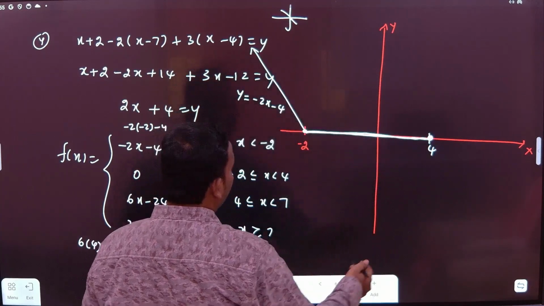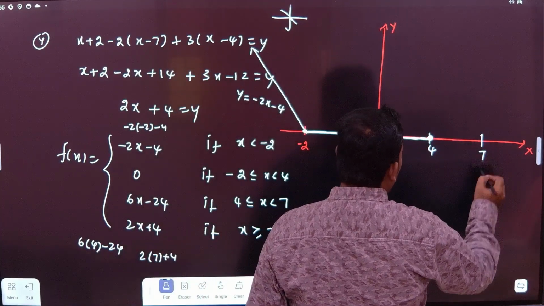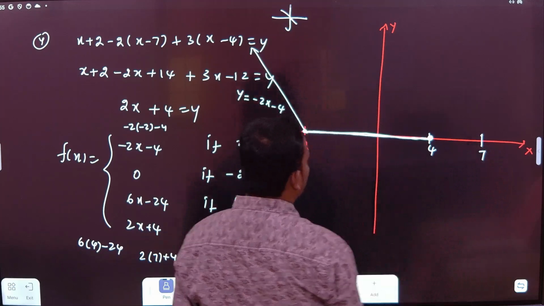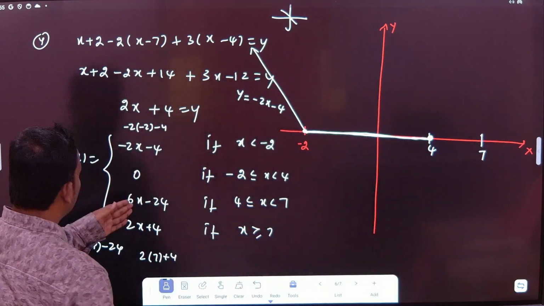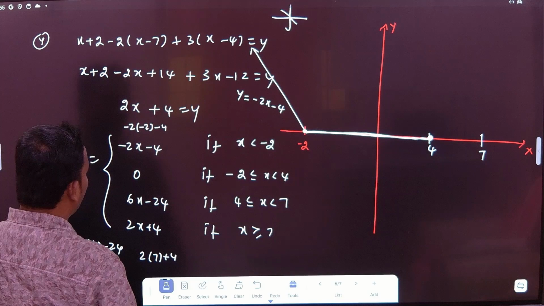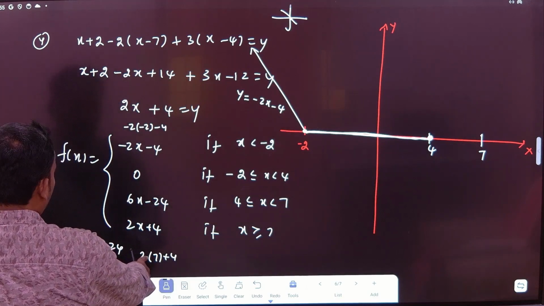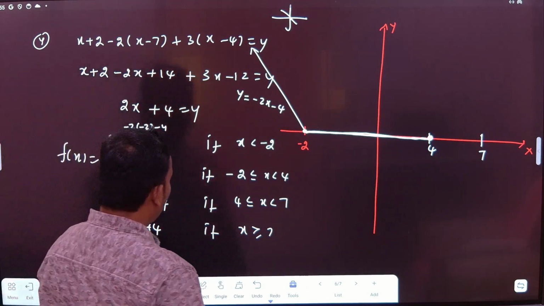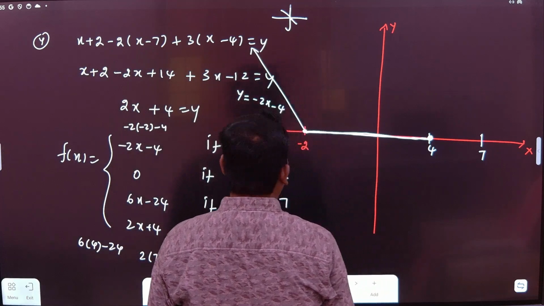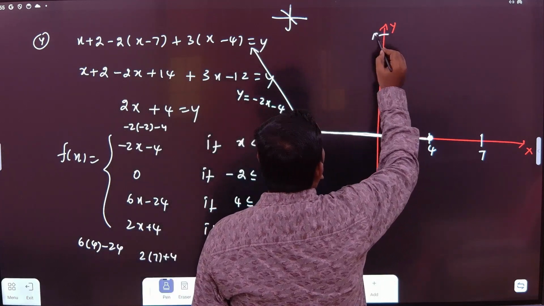So 4 to 7 you have to take. 4 to 7 is 6x minus 24. If you put 7, then 14 plus 4 is 18. 18 over here.